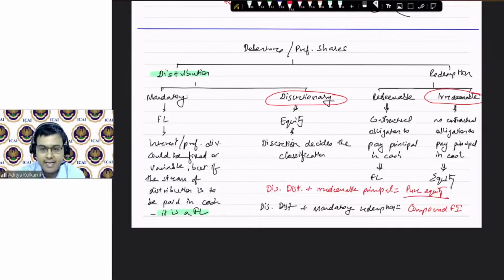If this is the case, then it is a discretionary flow, because you have not paid anything when you made losses. You are paying when you are making profits, bumper profits. So these end up being discretionary. And therefore, it is exhibiting equity characteristics, because equity holders are getting money when the company makes a profit. And when the company ends up with losses, there is no payment flowing to them. Yes or no?